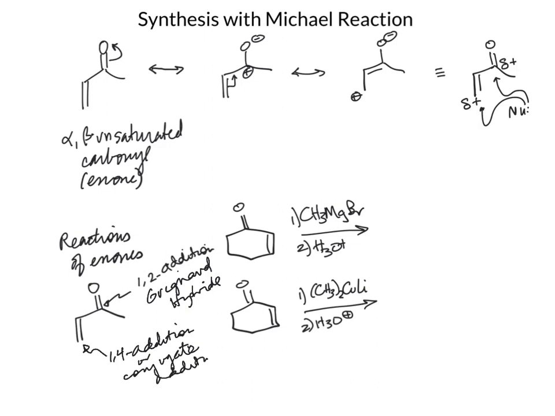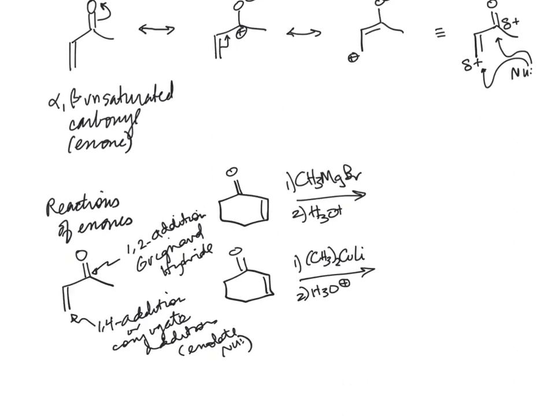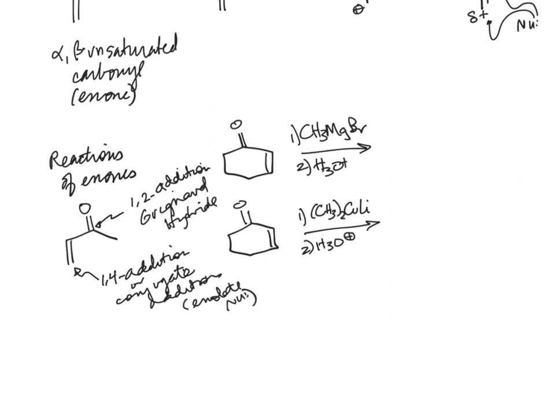And the nucleophile we're going to be most interested in using for this reaction is something like an enolate nucleophile. That's what we describe as the Michael reaction. So just a quick example of what this would look like if we have a cyclohexenone here. If we react with a Grignard reagent, that Grignard reagent is going to attack at the carbonyl as usual.